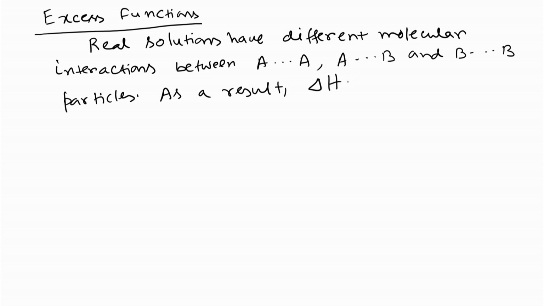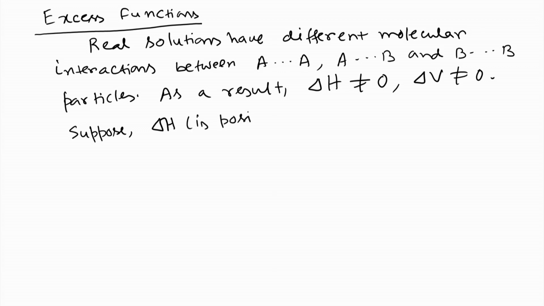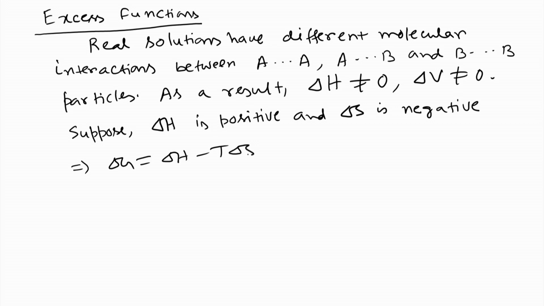As a result, we get delta H is not 0, delta V not 0. Okay. Suppose delta H is positive, okay, and delta S is negative. In that case, since delta G is delta H minus T delta S, we get delta G is positive. Okay.